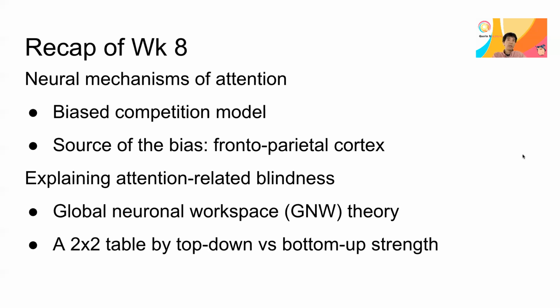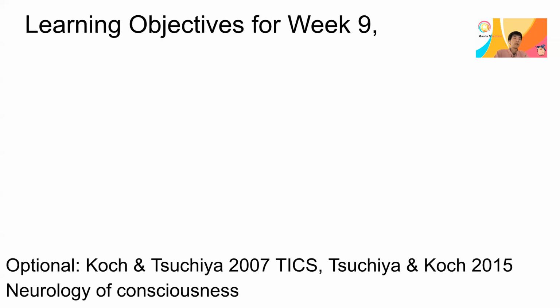It introduced the 2x2 table of top-down and bottom-up strengths of the stimulus, meaning basically, in the top left, if the stimulus is weak, then no matter how top-down attention amplifies the signal, the stimulus remains unconscious. And if top-down attention is not available, then the bottom-up stimulus strength, even if it's strong, may not be sufficient to generate conscious experience.